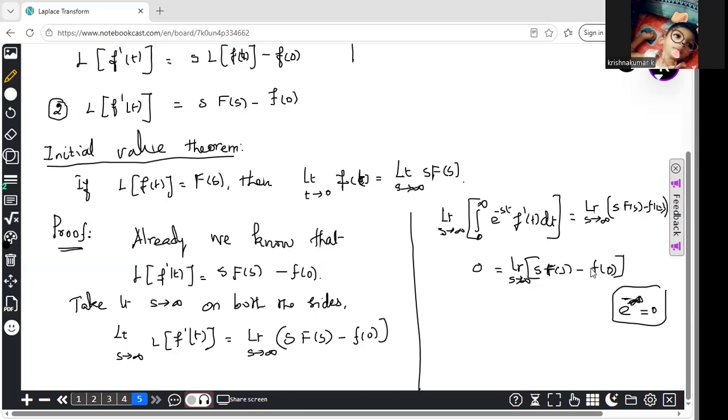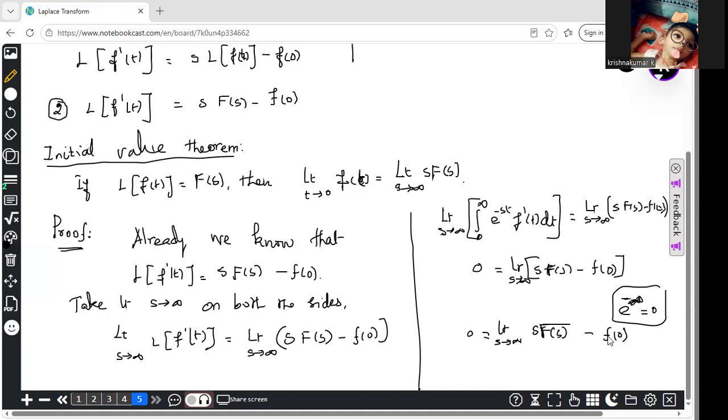There is no s variable in the second term, so this can be written as limit s tends to infinity of s into f of s, and this is just a constant term. Even if you take limit s tends to infinity, you will get only f of 0.